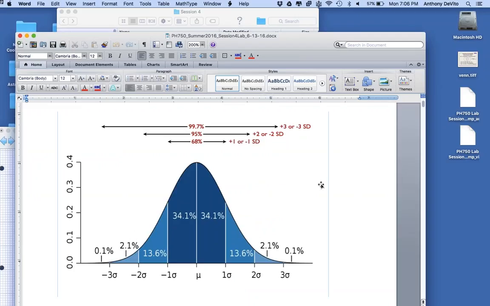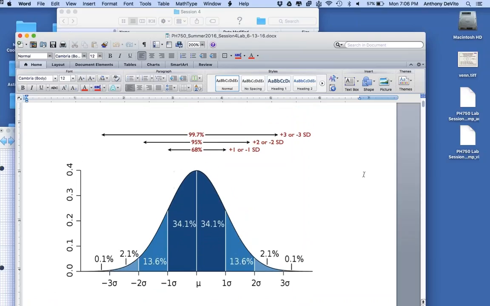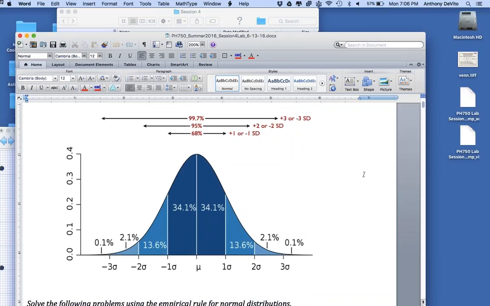Since all normal distributions have these common properties, if they're truly normal distributions, they're all going to give me some way to measure how the population is distributed. For instance, in a normal distribution, 68% of the population is between one standard deviation below the mean and one standard deviation above the mean.